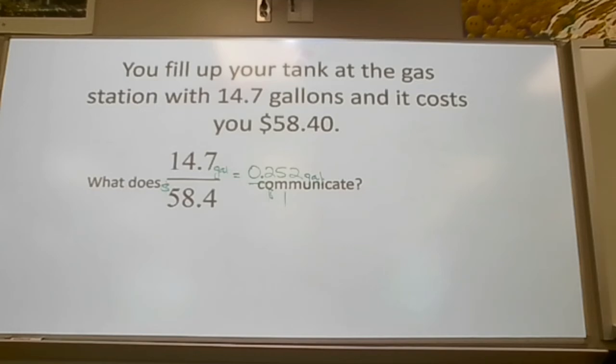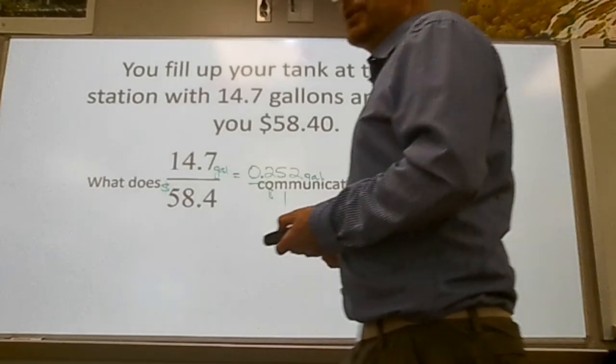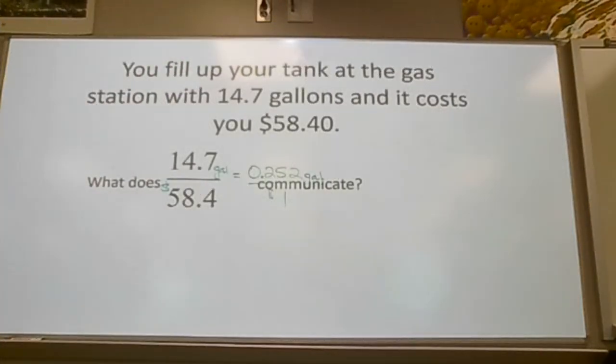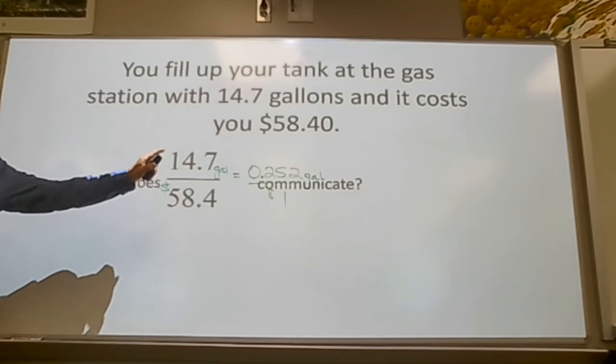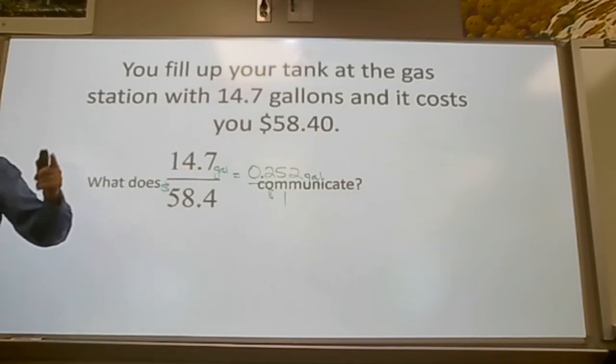So when you divide anything, you are finding the ratio. For the rest of your life, if you're paying attention to the units, that's going to go really well for you trying to figure stuff out.